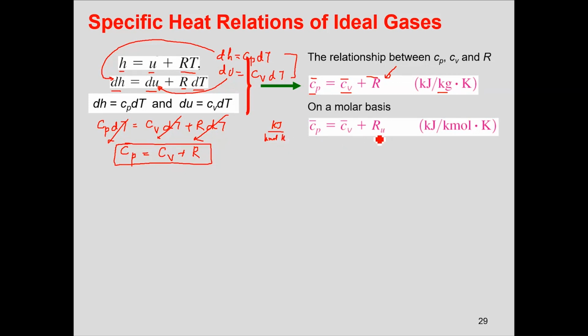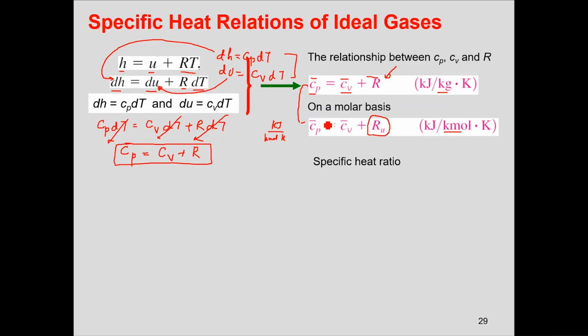Similarly for Cv, and Ru is the universal gas constant, which is again per unit kilomole. So you can use either of the two relationships. If you have these two relationships and the relationship of Cp with temperature, you can find out Cv. We'll have a look at it in an example coming in a few minutes.